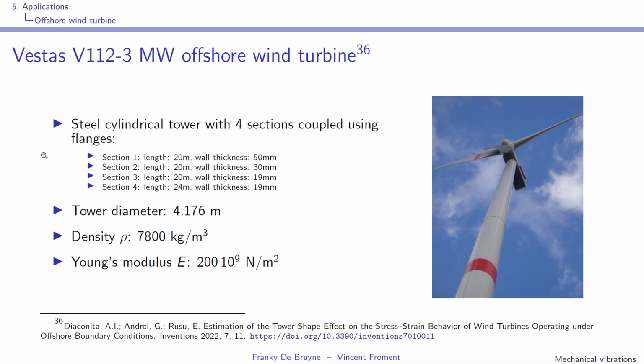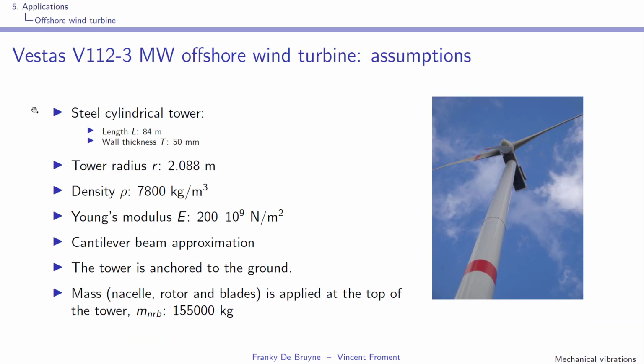This is a bit too complicated over here, so for our study what we'll do is consider the following parameters. So we'll consider only one section of length 84 meters, that is the total length of the actual wind turbine, and we'll consider just one thickness of 50 millimeters. For the rest, the parameters remain unchanged.